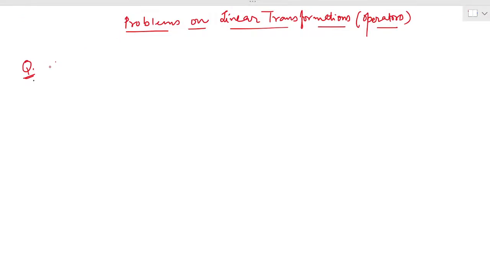It says that for a fixed vector (a1, a2, a3) belonging to R cube, we want to define a mapping.